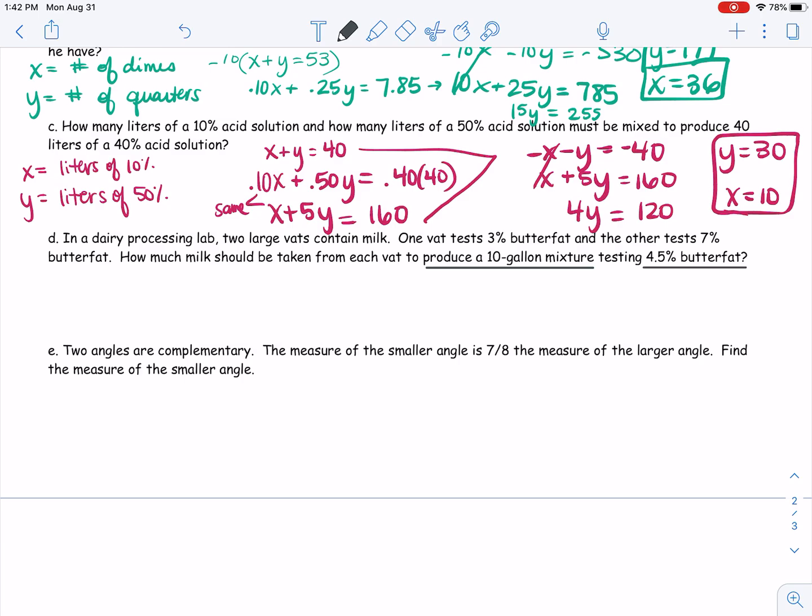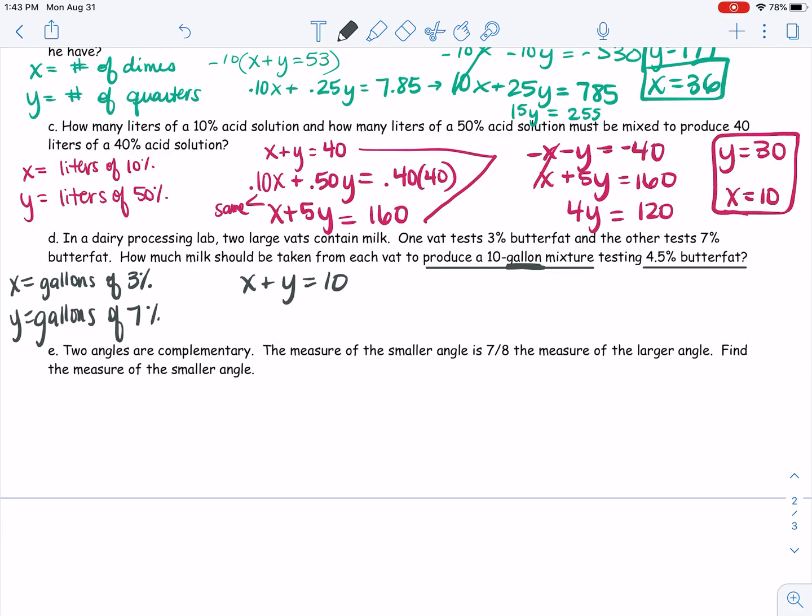So we're talking about gallons. So let's say x is the gallons of 3% mixture, and then y is the gallons of the 7% butterfat milk. So what's our goal? Our goal is that the gallons of one and the gallons of the other produce 10 gallons.